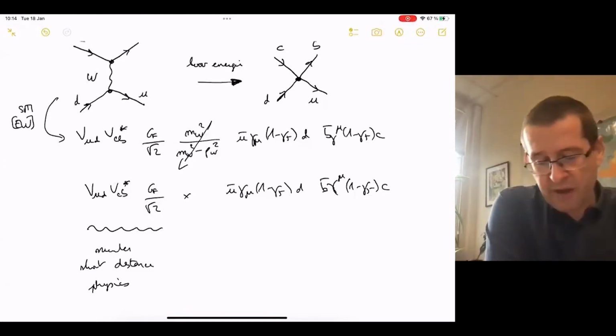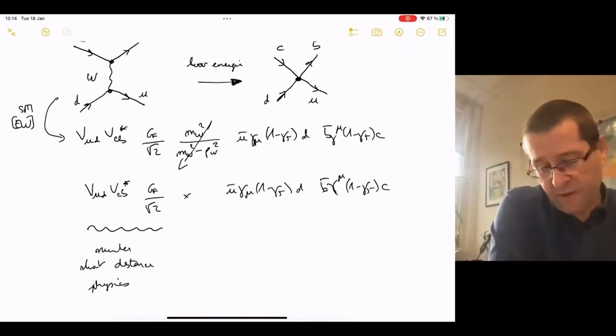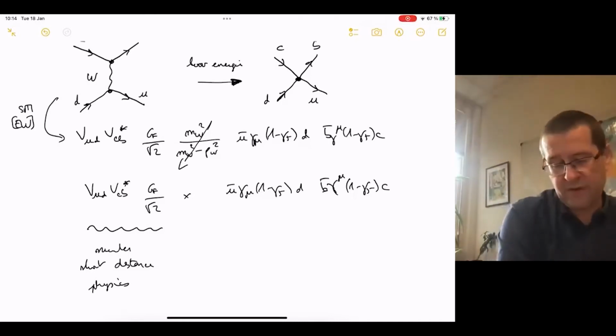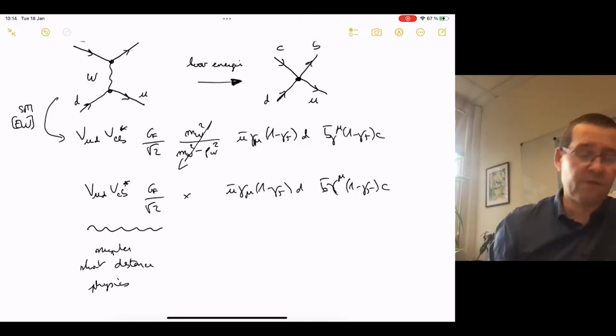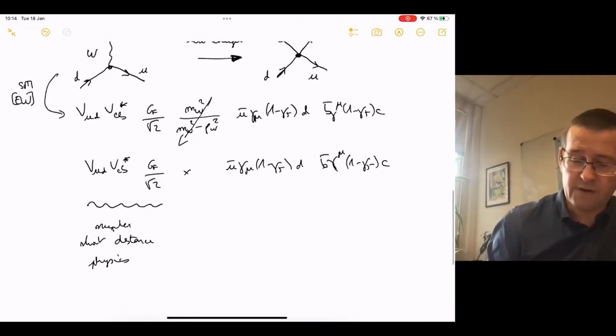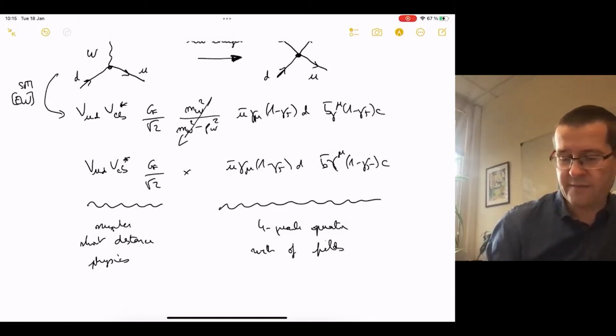You've got the Fermi constant, which is a combination of the coupling constant of the W and its mass. So all that is giving you something which has some memory of what's going on at short distances, but it's a number. And then you've got a 4 quark operator made of the light fields.